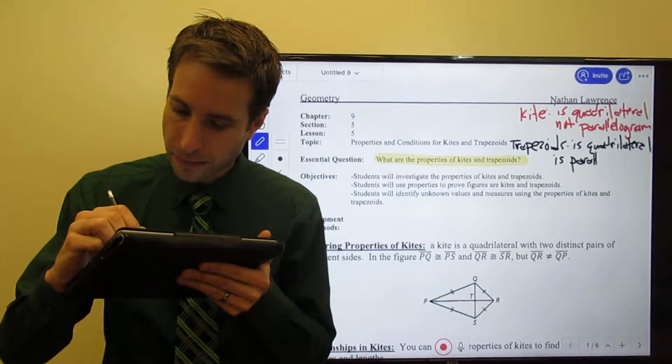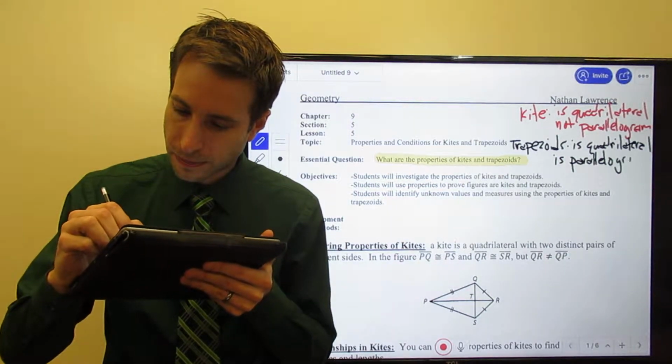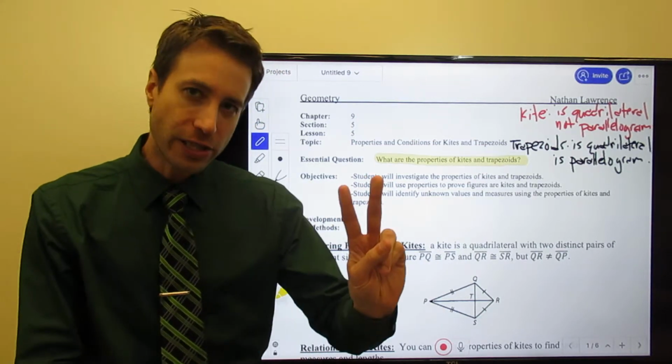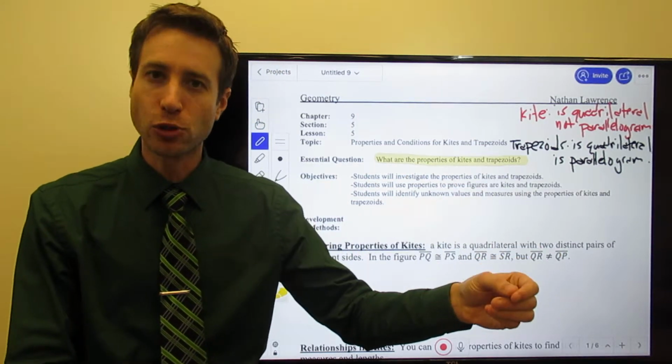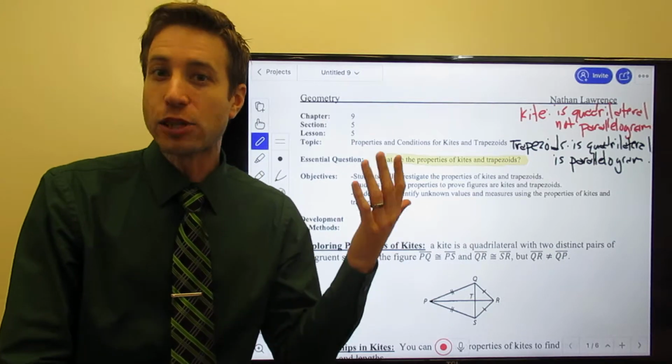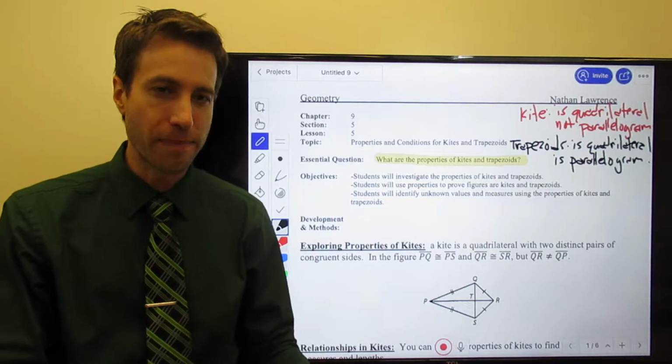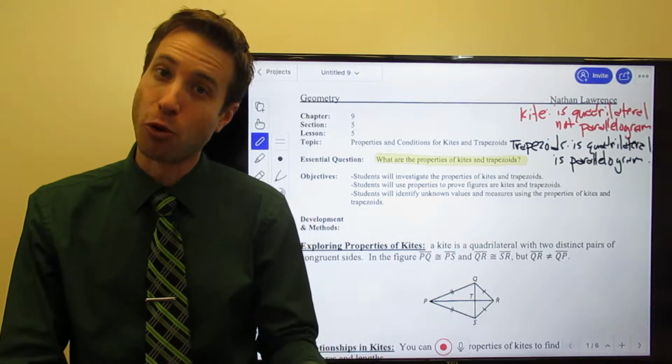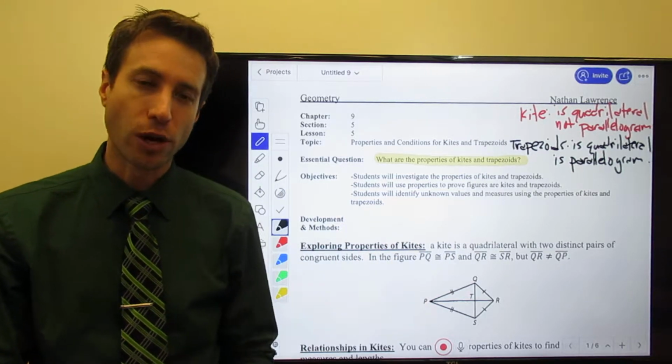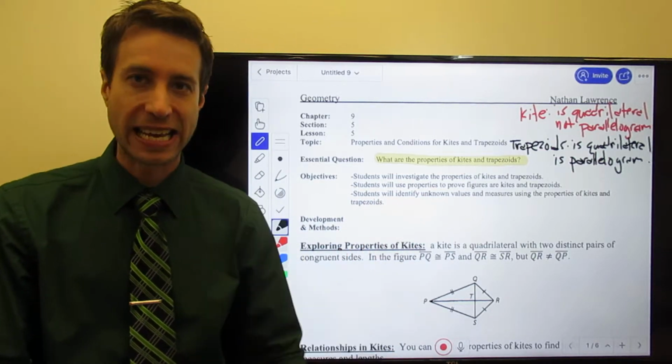So the last two figures that we're going to talk about are kites and trapezoids. One, a kite is a quadrilateral but not a parallelogram. The second one, the trapezoid, is both a parallelogram and a quadrilateral.